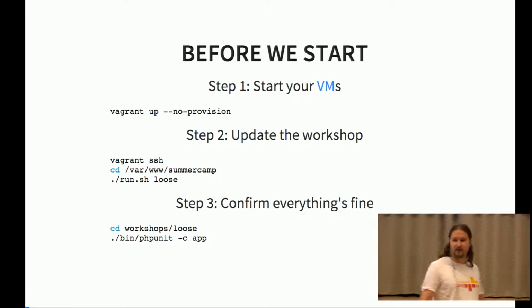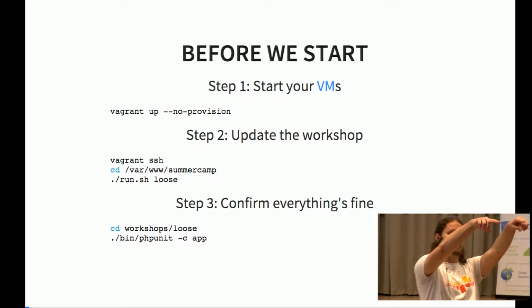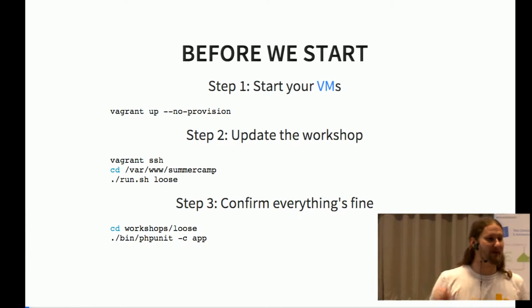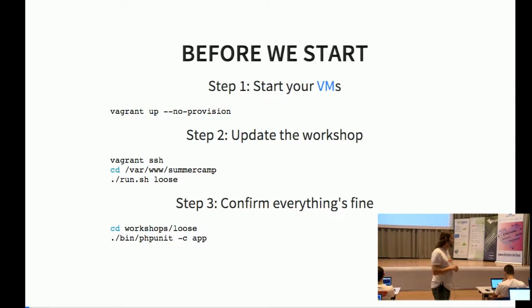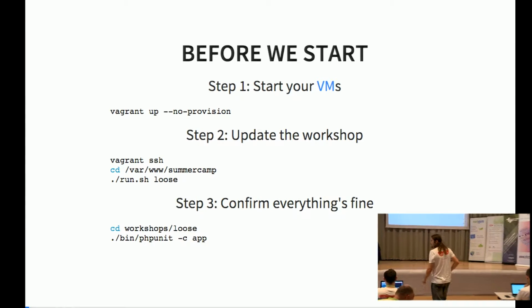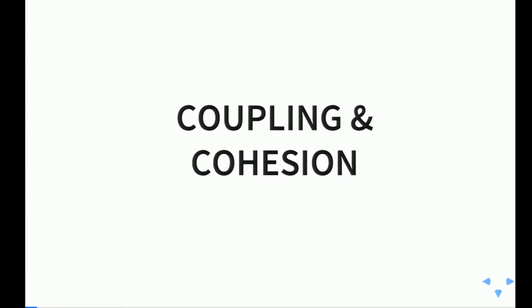If you have any issues, either ask me right away, or there are two guys in the back who are here to help resolve any issues. You probably have Git configured on your host machine, but do it on the VM as well, just so we could commit. Okay, let's move on.